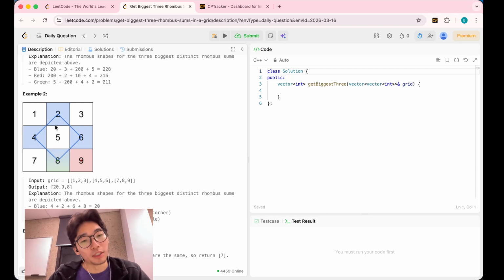Okay, so we have one rhombus, and the numbers on the diagonals make the sides of the rhombus.